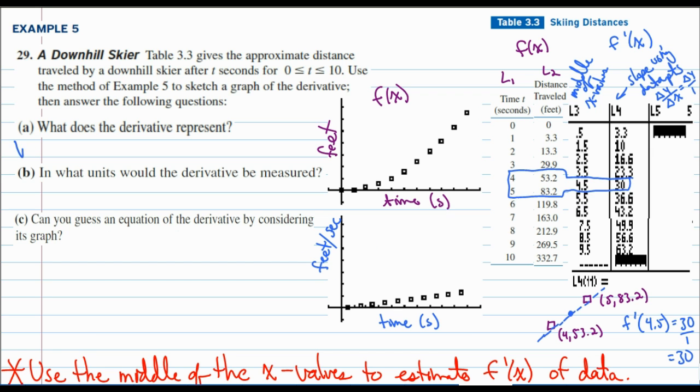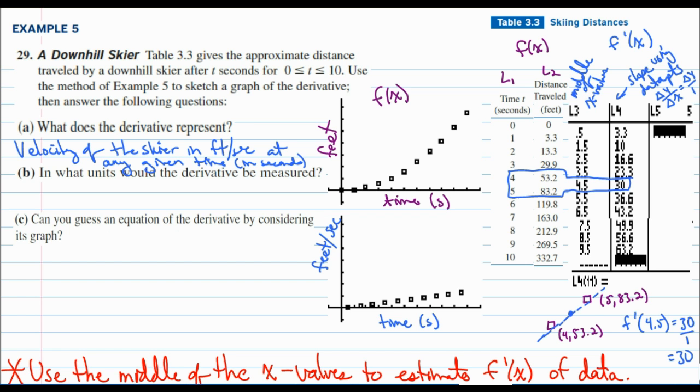It represents the velocity of the skier in feet per second at any given time in seconds. So if I want to know the skier's velocity at 8.5 seconds, it would have been 56.6 feet per second. The velocity at 2.5 seconds would have been 16.6 feet per second.